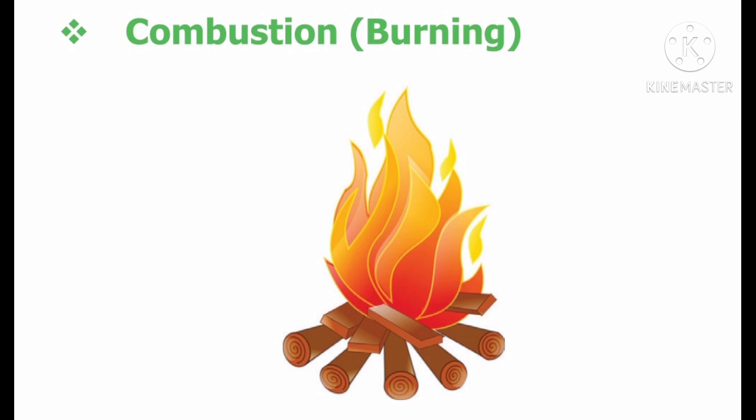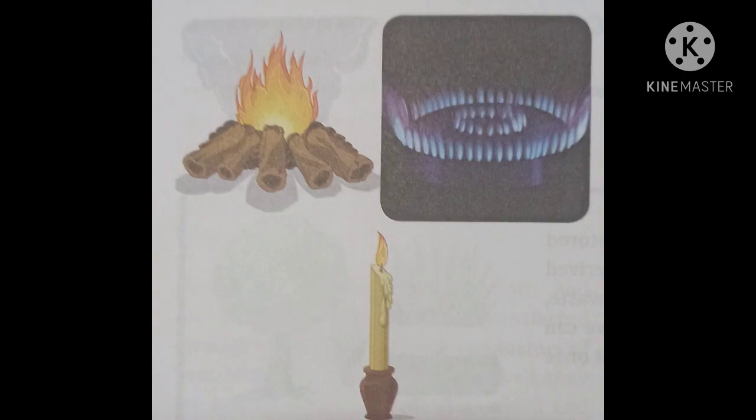The next source is chemical energy or combustion. Coal, petrol, wood, candle wax, LPG, CNG, diesel and kerosene are called chemical energy. When we burn these substances, they produce heat energy.